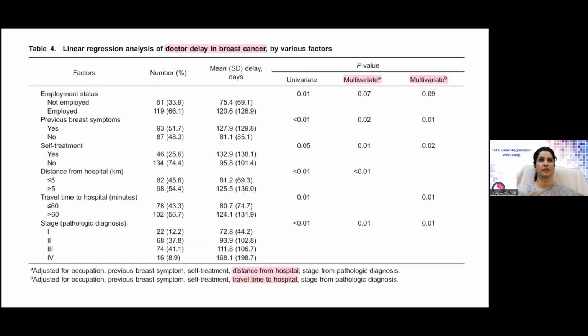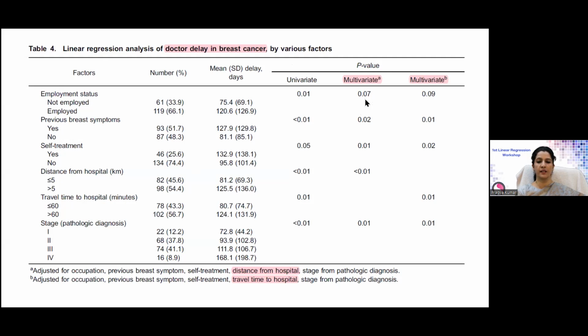Then again you can see multivariate and univariate. This is the doctor delay in breast cancer; you can see these were the factors. Univariate basically means univariable, that is, simple linear regression with only one variable.